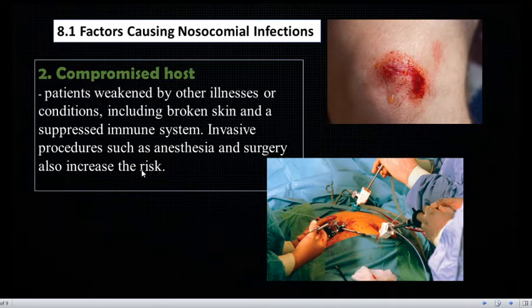Why? Because, right, if our first line of defense is our skin, and if there's something wrong with the skin, then there is more of an entryway for the pathogens inside the hospital.